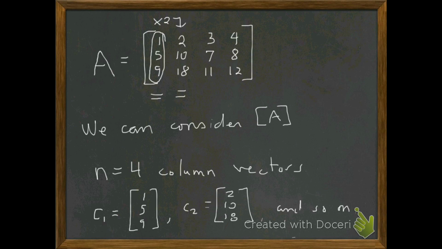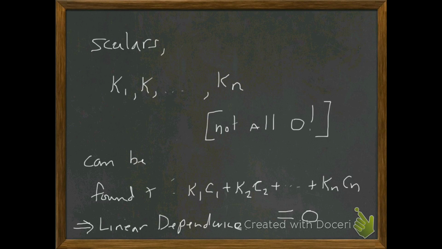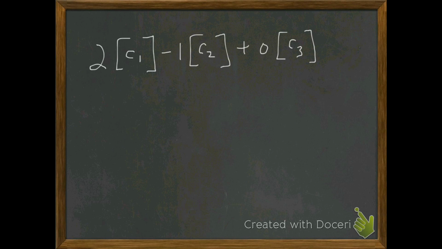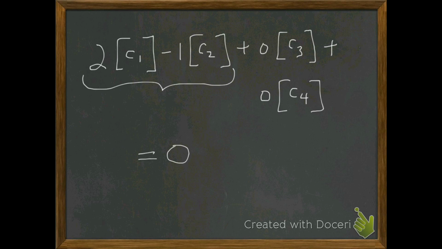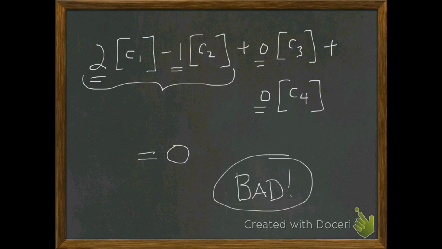So our matrix was, yeah, sorry, plus 0 times column 4 is clearly going to be 0 because of this right here. So again, notice that some of the Ki's, if you will, can be 0, but all of these can't be 0. Well, guys, it is what it is when we get a matrix. But in terms of many of the things that we want to do, this would be bad.